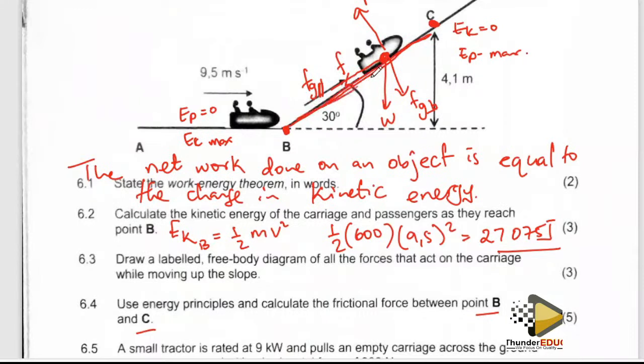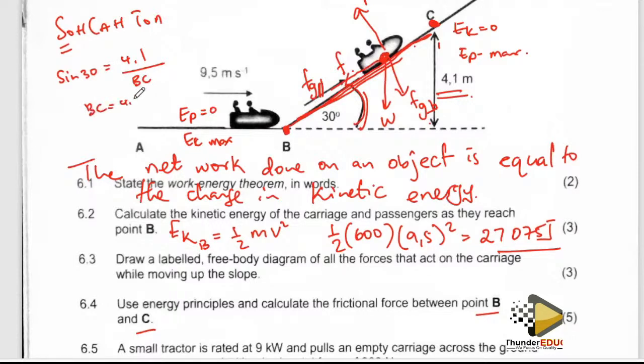How do I find this? Now, since I have this opposite side, I have the angle, from my trig ratios, opposite and hypotenuse, I think I'll use sine. So I know that sine of 30 is 4.1 over the BC, and then BC is going to be 4.1 over sine of 30.